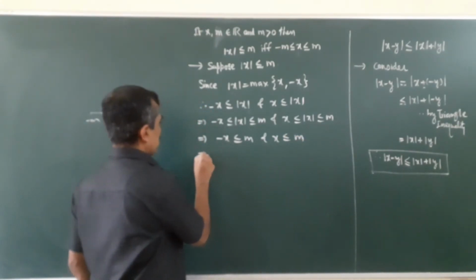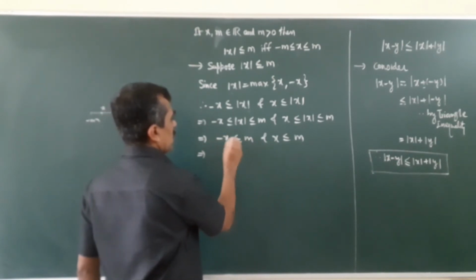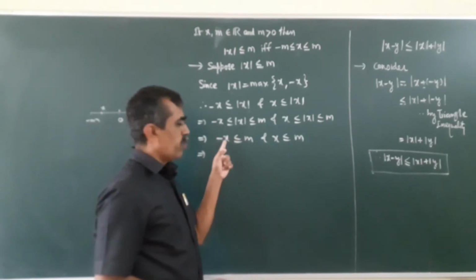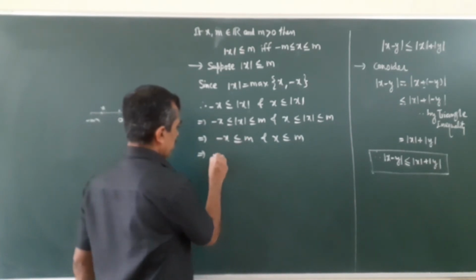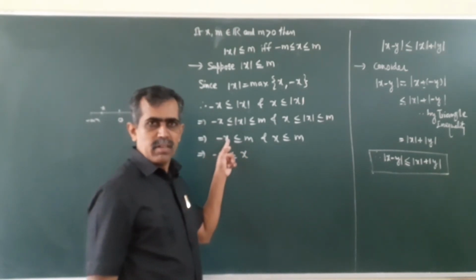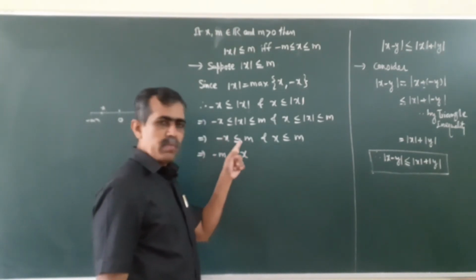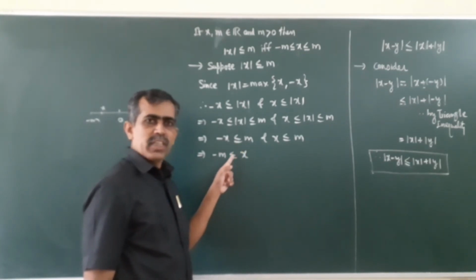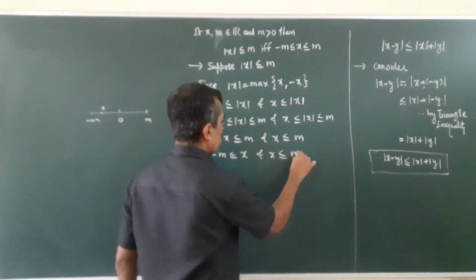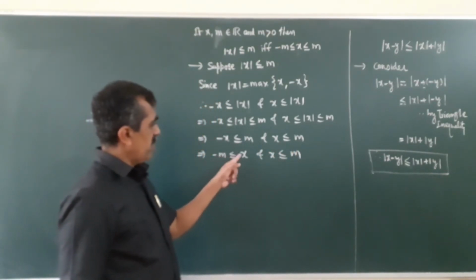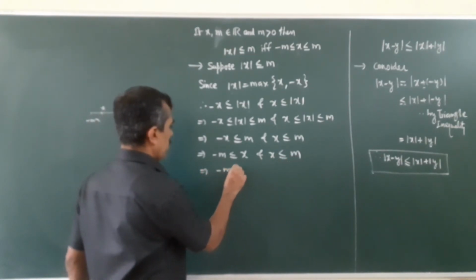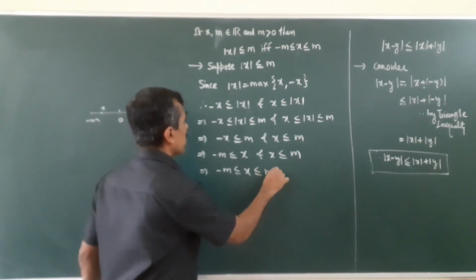Now I will multiply both sides by minus 1, a negative number, so this inequality will change. So minus m will be less than or equal to x, and x is less than or equal to m. So minus m is less than or equal to x, which is less than or equal to m.